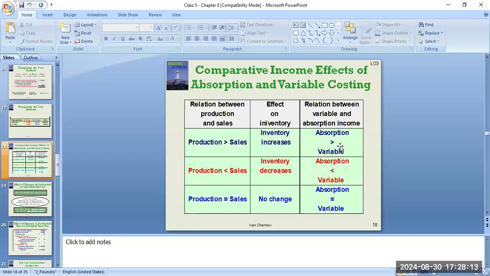When production is less than the sales, meaning we're decreasing the inventory, the opposite is true: absorption is going to produce less operating income than variable. And if both production and sales are equal, there will be no difference between the variable and absorption costing systems. They will be exactly the same.